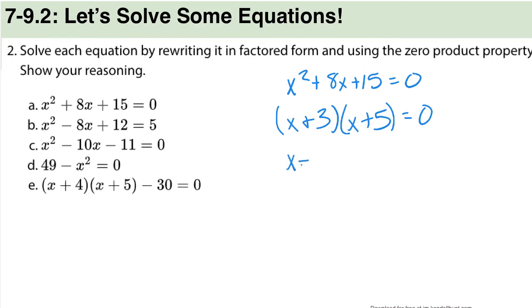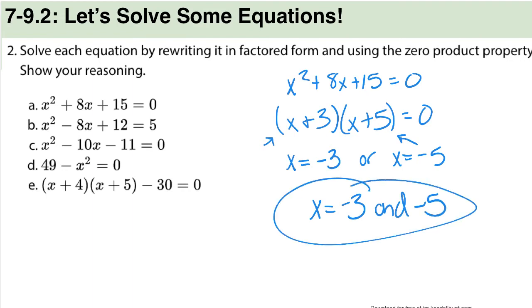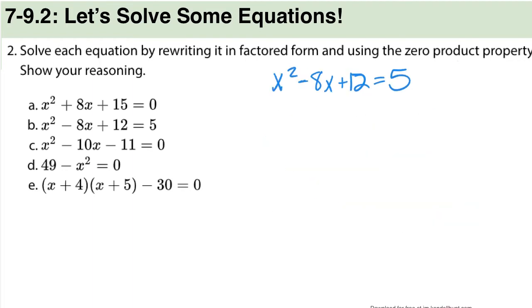And so I know if x equals -3, because that'll make this first term equal to 0, or if x equals -5, then the second term would be equal to 0. And so my solutions are x equals -3 and -5. And that's how you can write it, because we want to know what can x equal to make our initial equation true.